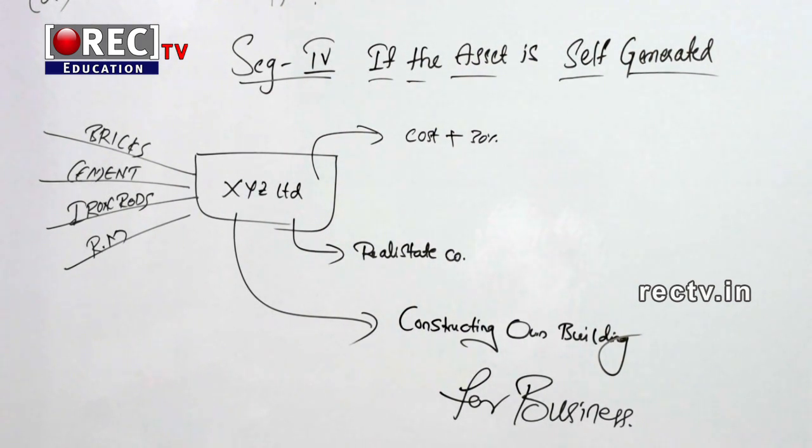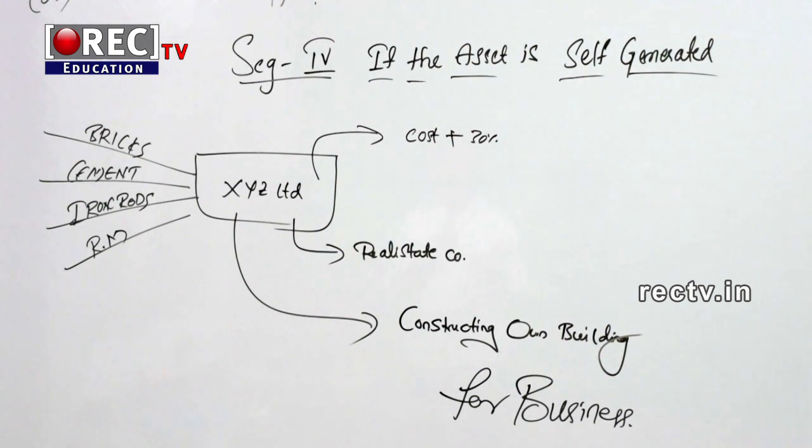This company brings all the bricks, cement, iron rods and raw materials from other companies. So this is the input to XYZ Limited. Whatever it is taking as input is a cost, and it constructs a house and sells it at a 30% profit.